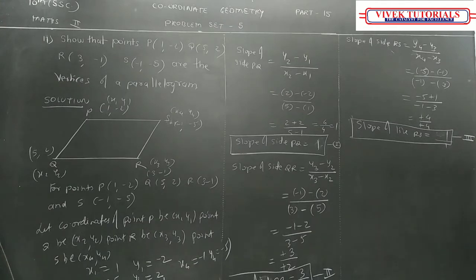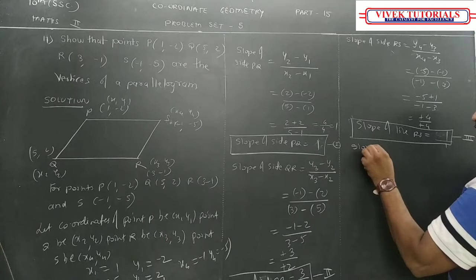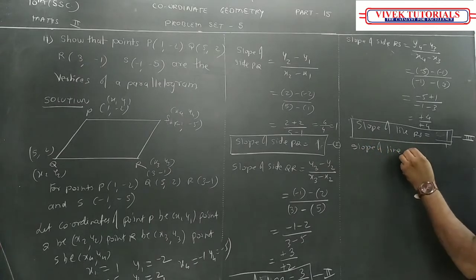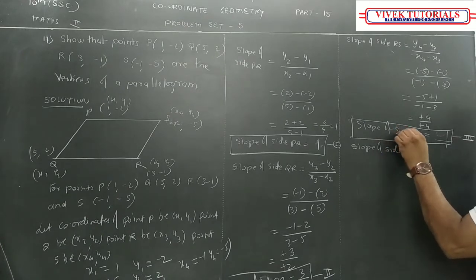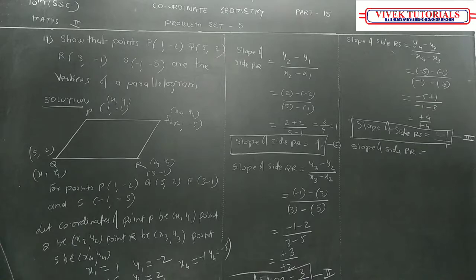After that, we have to find out what? Slope of line PR. Side PR. Here also we are going to write side PR is equal to y4 minus y1 upon x4 minus x1. y4 is minus 5. y1 is 1 upon x4 is minus 1, minus 1.